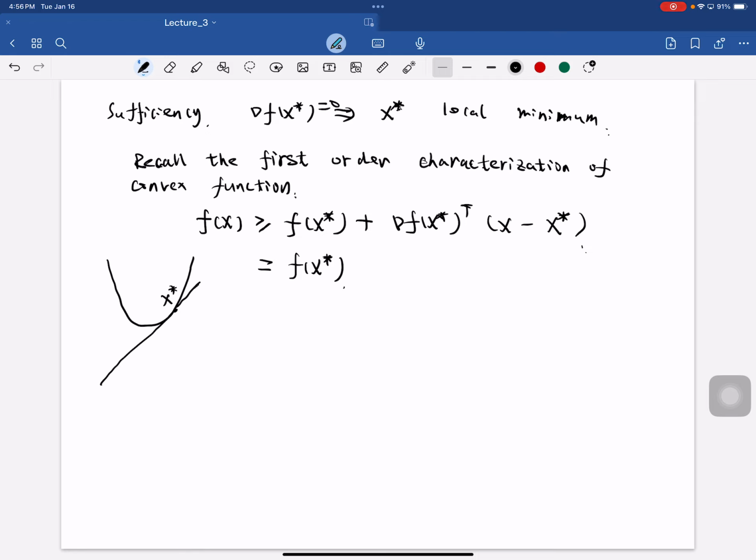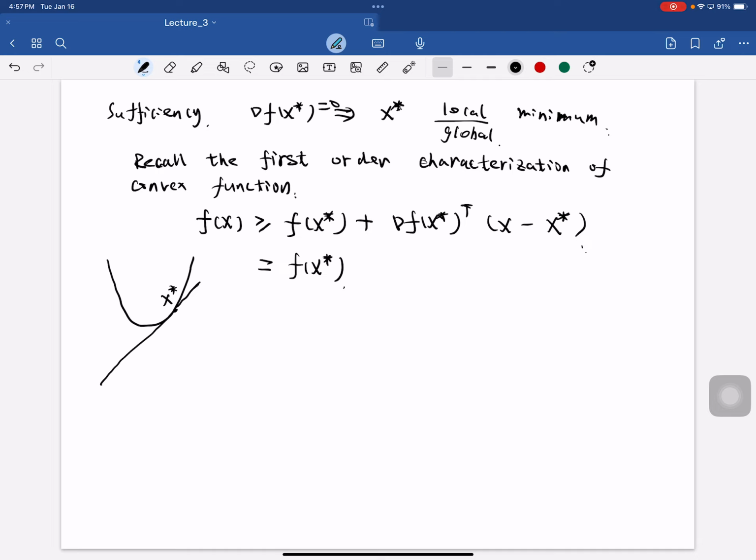That's why x star must be a global minimum, since you are picking any arbitrary x. So you can say it's a local slash global minimum.